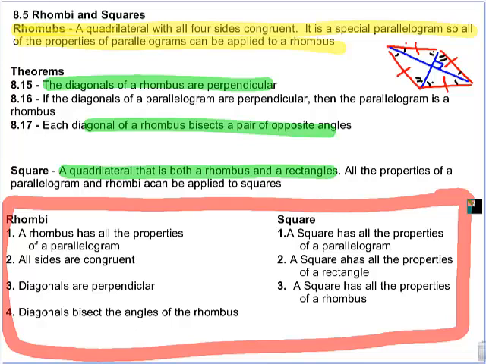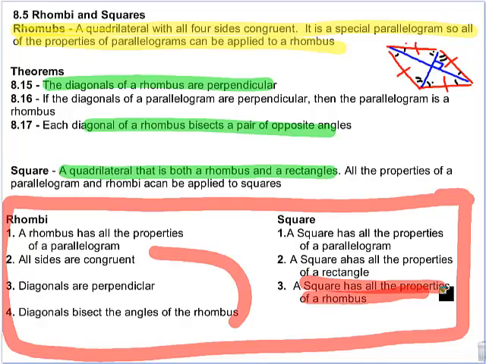Diagonals are perpendicular, and the diagonal bisects the angles. So these three things about a rhombus also hold true about a square, because a square has all the same properties as a rhombus, in addition to all the properties of a rectangle. So it has all of those, plus having 90-degree angles and the diagonals being equal.